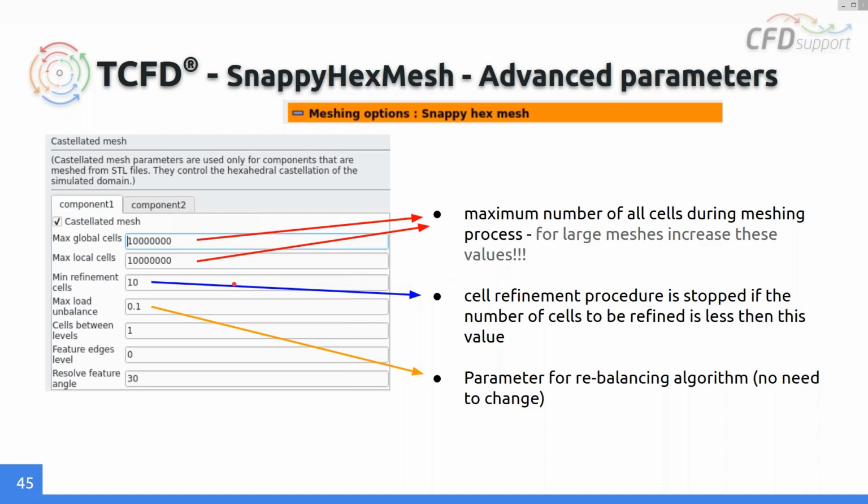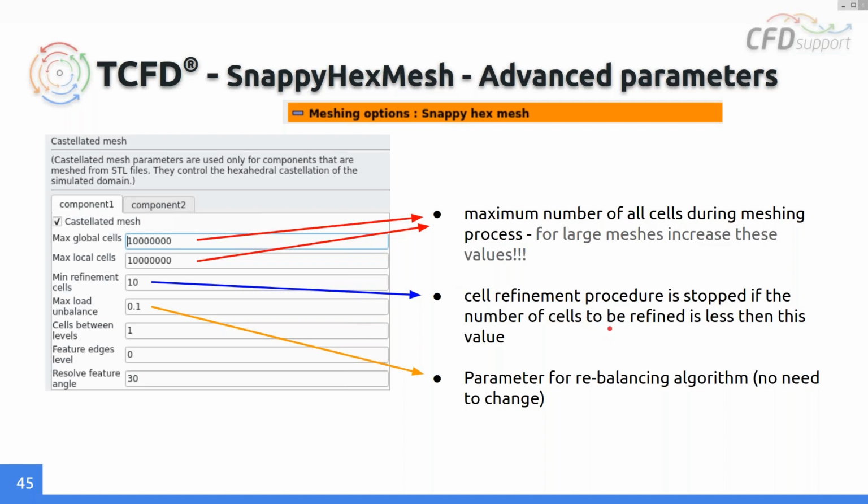So this is the maximum number of cells. Then the minimum refinement level of cells: because it works in iterations, and at each iteration Snappy decides how many cells should be split, it can get stuck in a loop, for example 50 iterations just for splitting 5 cells. So we can tell it: if only 10 or fewer cells are marked for splitting, stop the splitting process and go on.